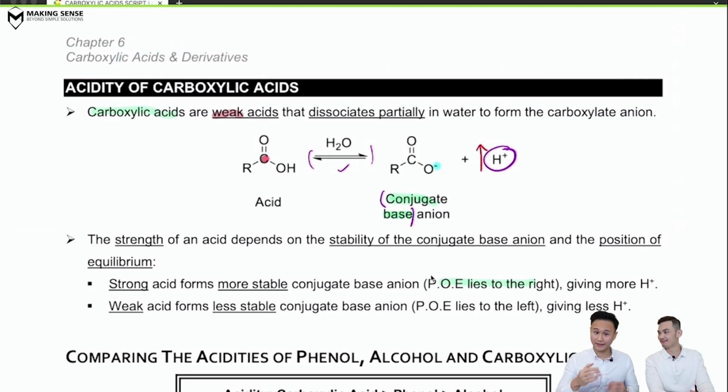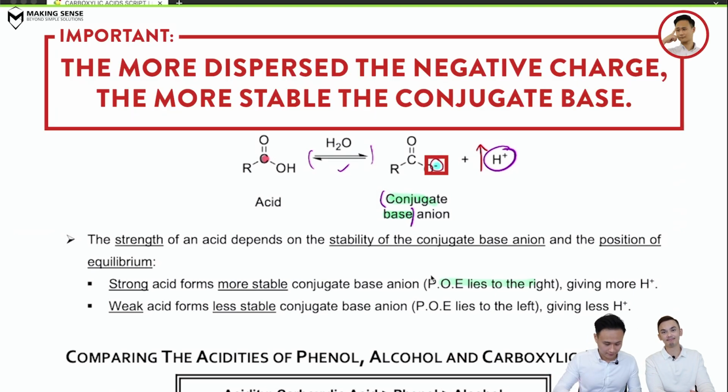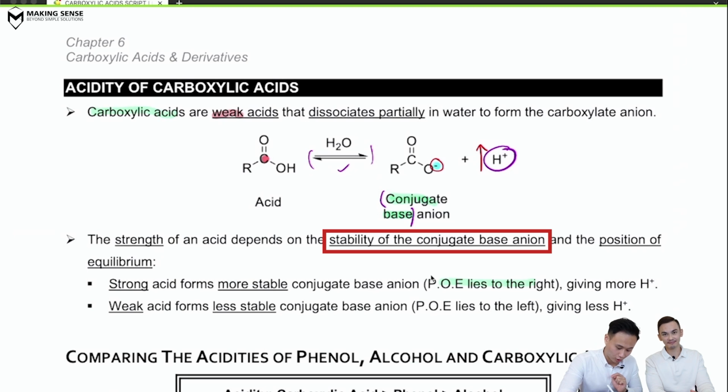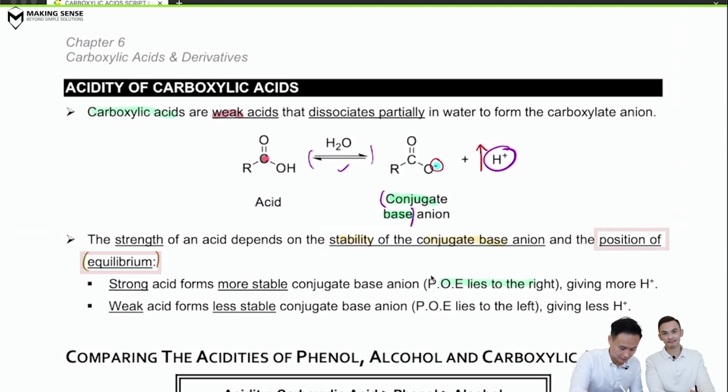No. So if I want my conjugate base to be more stable, so my POE can push to the right, I need to find a way to disperse this negative charge, okay? And this is exactly why our lovely tutors in class will talk to you about this: the more stable this conjugate base becomes, the more my POE pushes to the right, okay? And the stronger my acid is.